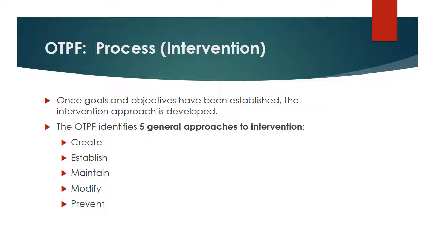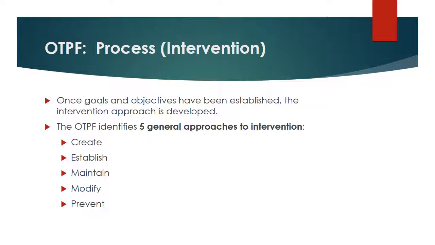So once the goals and objectives have been established, the intervention approach is developed. So noting that we're going into more detail about intervention, which is the second step in the OT process, the Occupational Therapy Practice Framework identifies 5 general approaches to intervention.